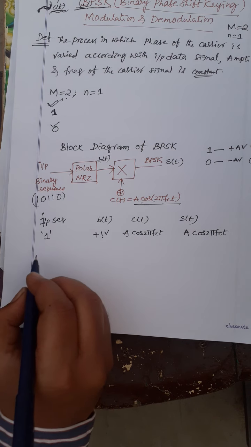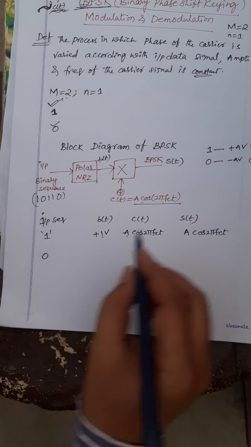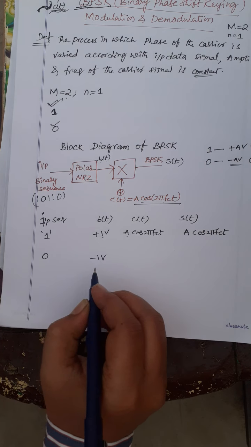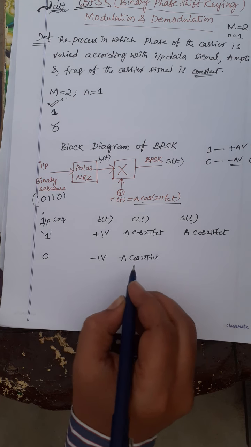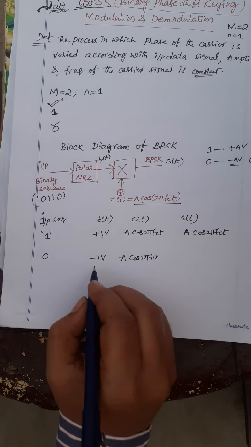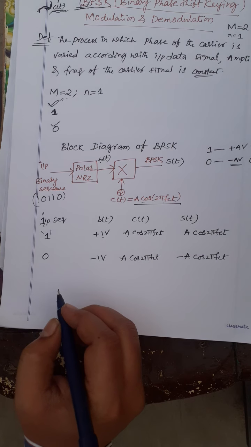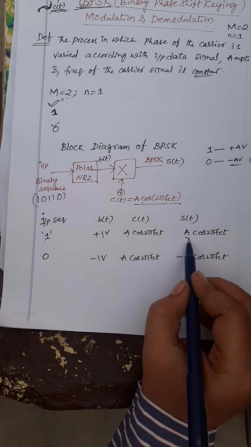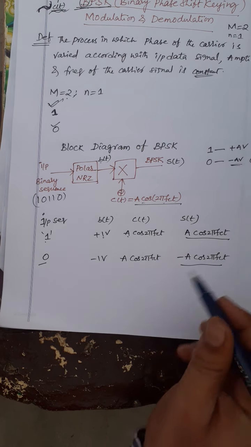Next, if bit 0 is passed through polar NRZ, it is mapped to minus A volts, that is minus 1. The carrier signal is A cos 2 pi fct, and the output is minus 1 into A cos 2 pi fct, that is minus A cos 2 pi fct. So here I am getting two modulated signals: one for bit 1, that is A cos 2 pi fct, and another for bit 0, that is minus A cos 2 pi fct.